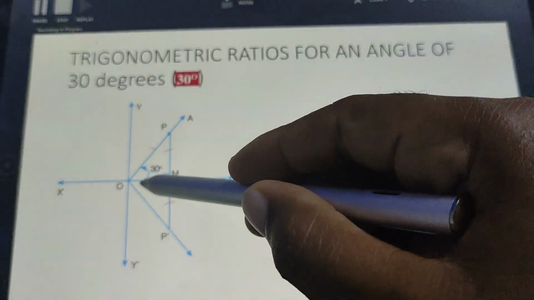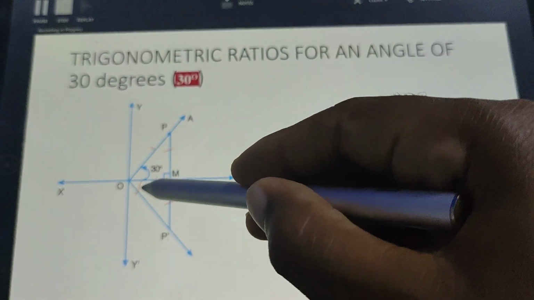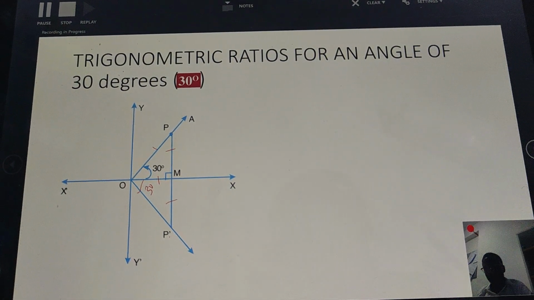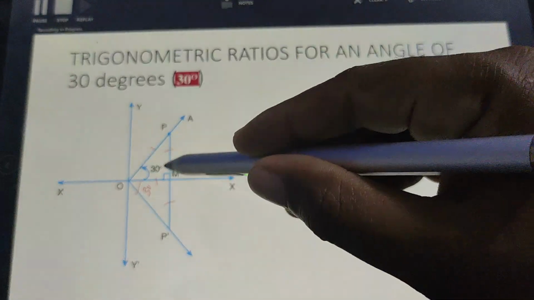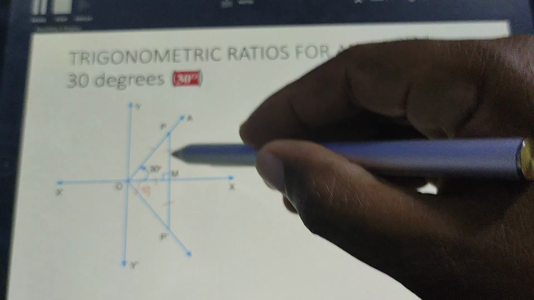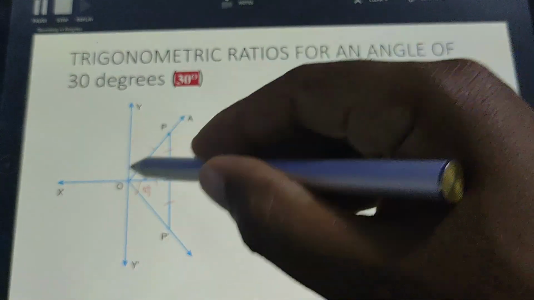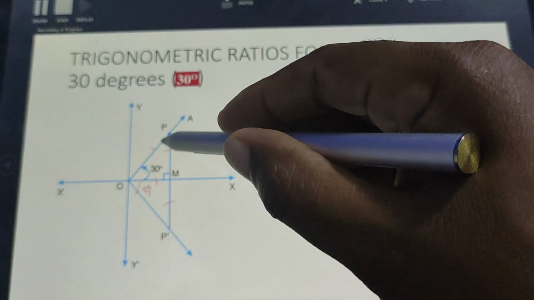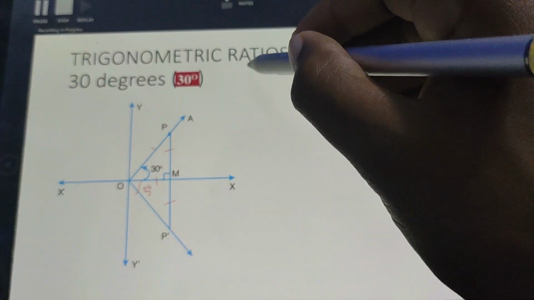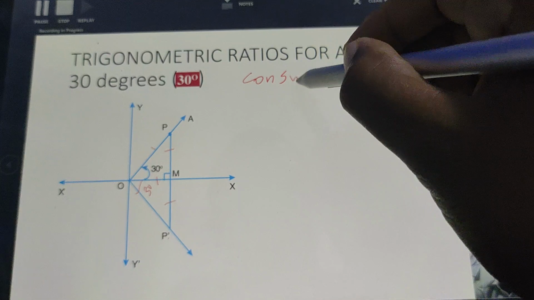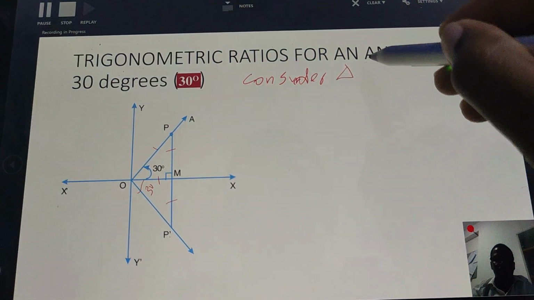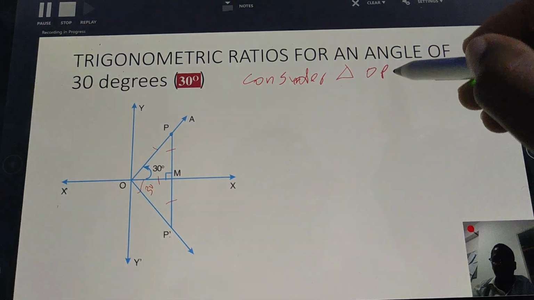By doing that, it means this angle will also be equal to 30. And if you see, this is 90, this is 30, 90 plus 30, that's 120. If you consider triangle OPM, that's the angle sum of a triangle. Let's just put it down. Consider triangle OPM.